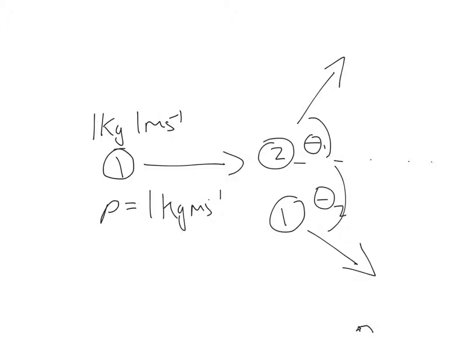Right, so for this collision to be correct, we would expect the momentum in that orientation to be conserved, which means that after the collision, the total momentum in this direction must be conserved as well. So, how is that going to happen?